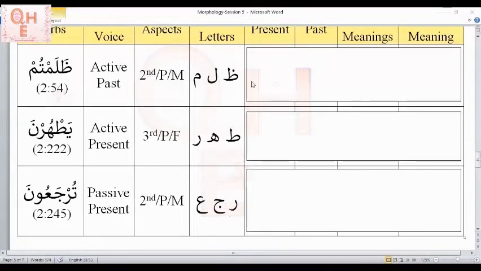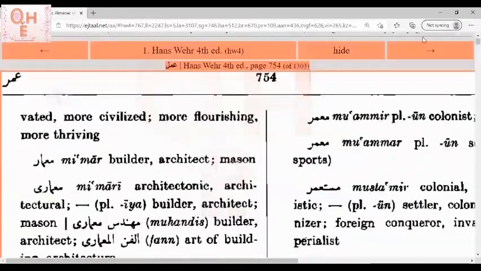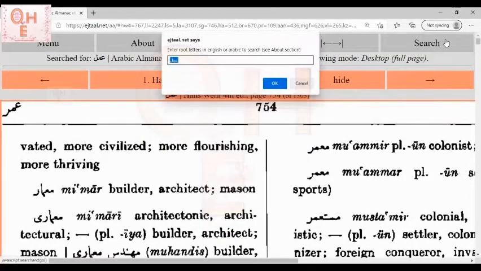Now, very quickly, inshallah, let's go to the dictionary and find the patterns of these root letters. The first one we had in this table is va, lam, mim.